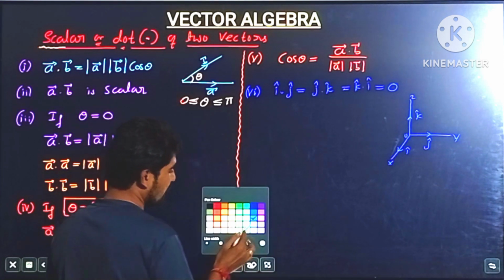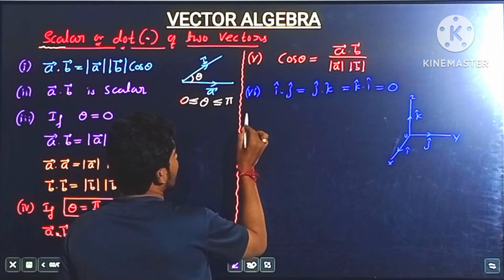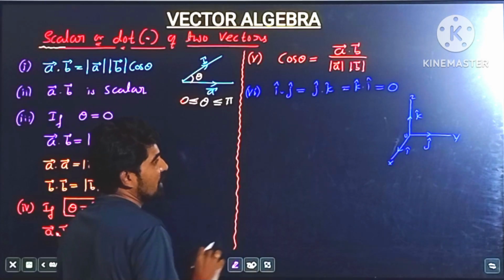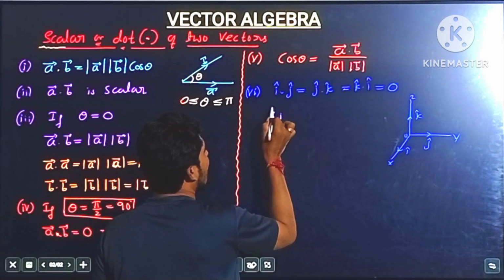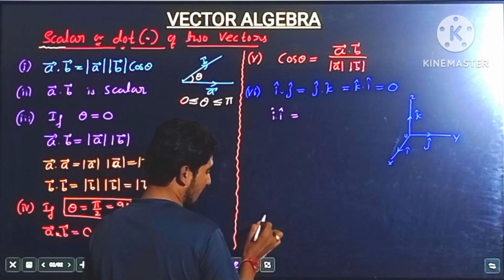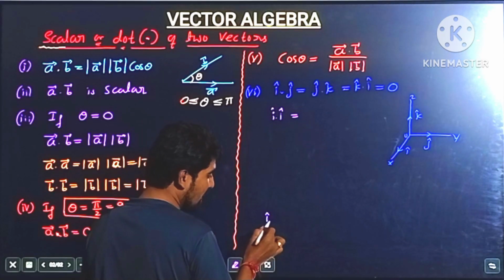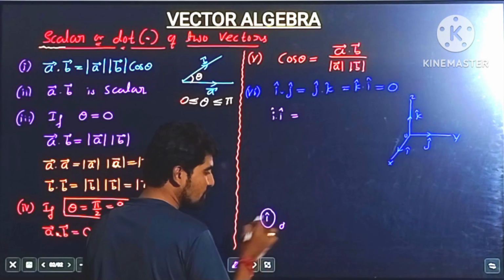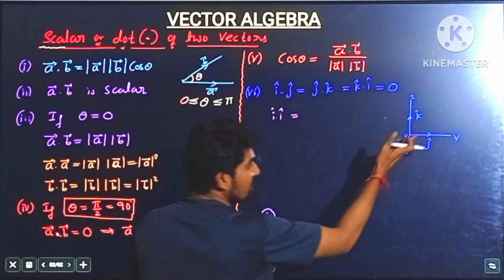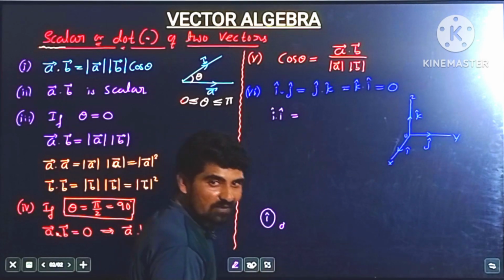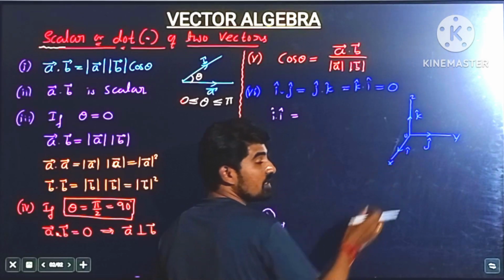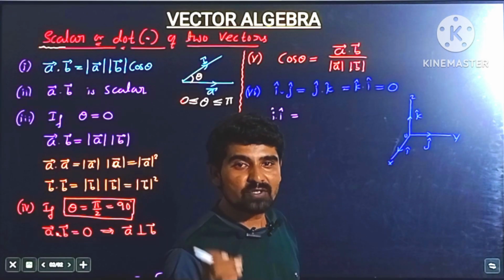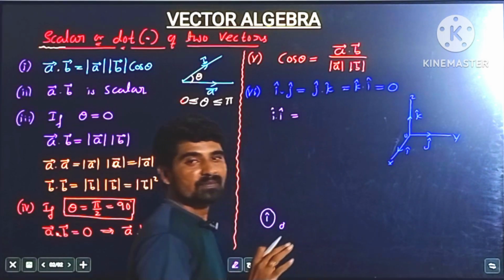Now see here, the seventh point, or it may be considered as the sixth point. If you find the value of i dot i, see here, i cap making an angle with i cap is equal to 0 degrees, just as the x-axis makes an angle of 0 degrees with the x-axis. It means that i cap makes an angle of 0 degrees with itself.